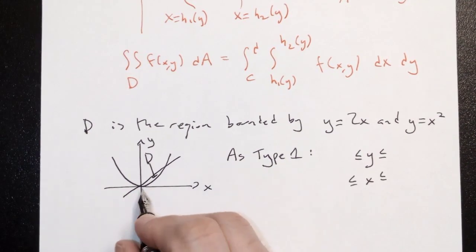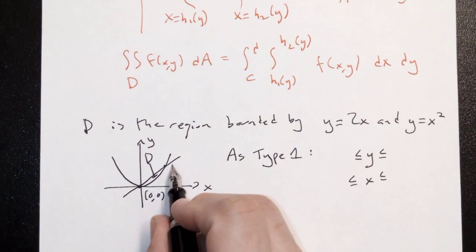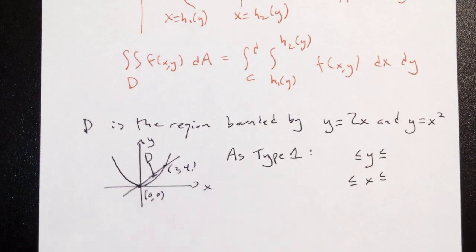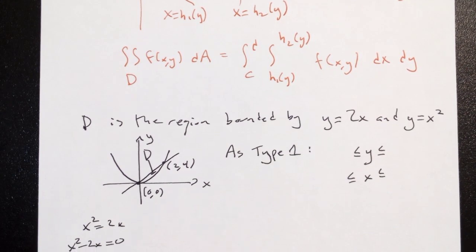Okay, they cross down here at 0, 0, and they cross up here at 2, 4. Because if I have x squared equals 2x, I move that over, I get x is 2 and x is 0. Great.